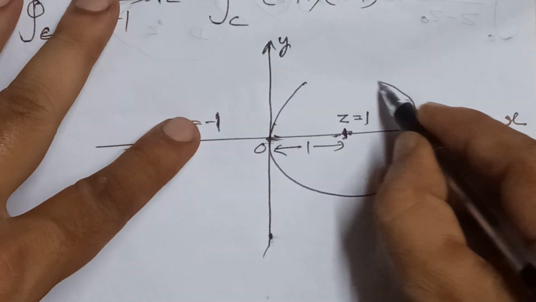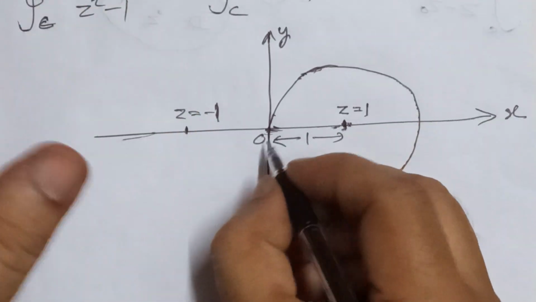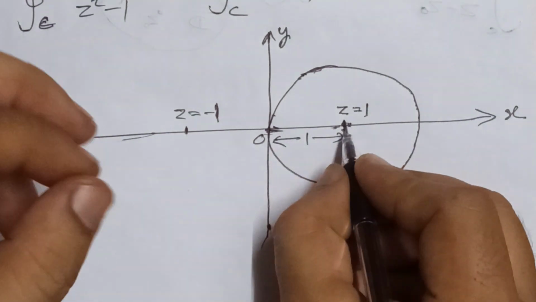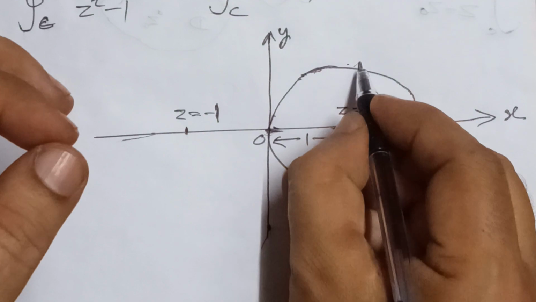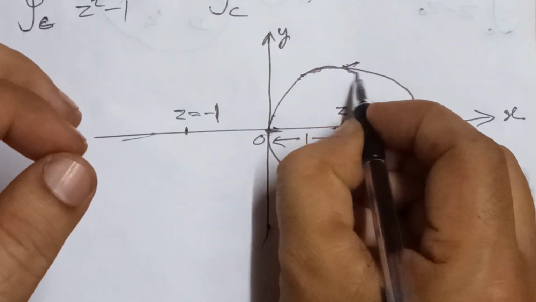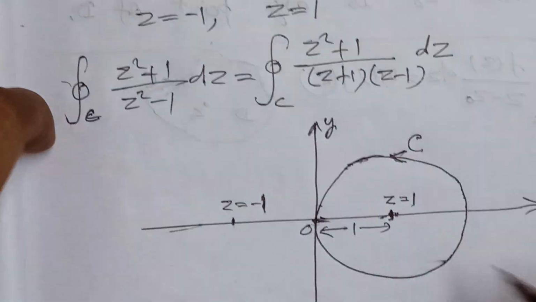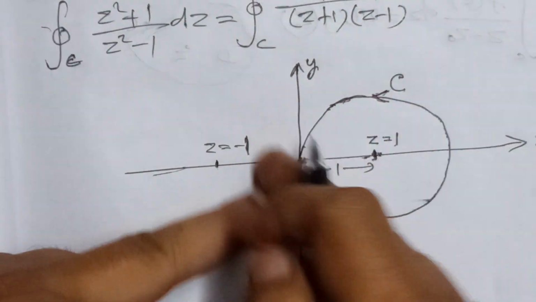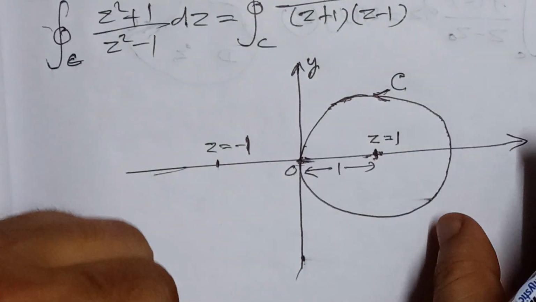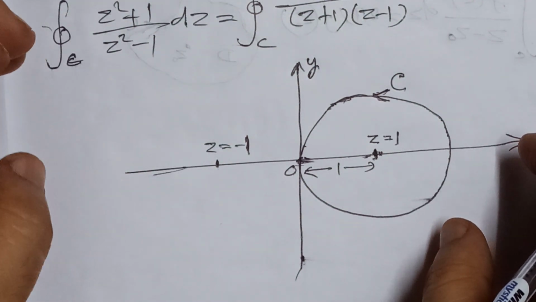Its center is on the x-axis at a distance of 1 unit from the origin, and you can indicate C as a closed curve, because here the starting and end point is the same, so this is a closed curve, and we have to find z naught here.